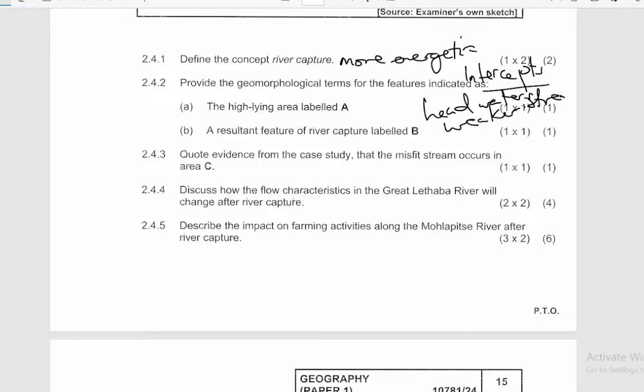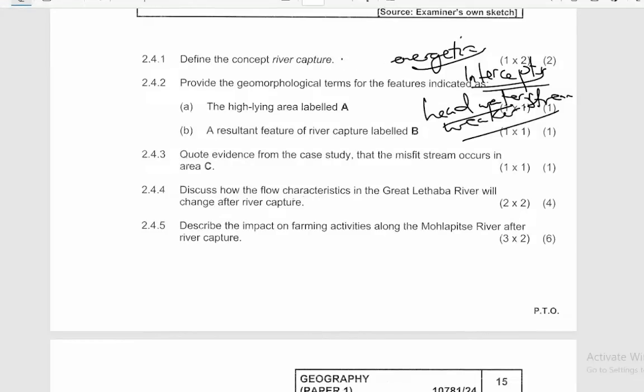That's the process of piracy. A more energetic river intercepts headwaters of a weaker stream. That's basically in simple terms. That is how you can define river capture. Or a more energetic river intercepts the headwaters of a less energetic stream. That is stream piracy or river capture in simple understanding.